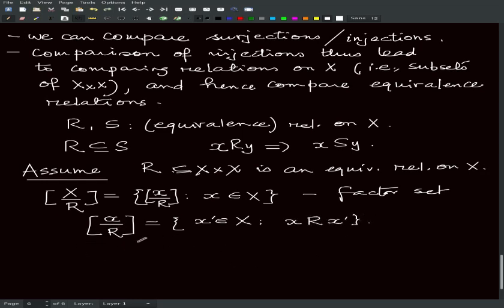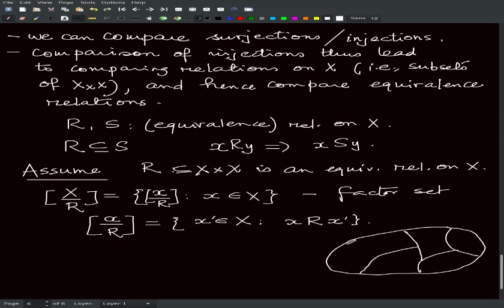So the picture is like this: the moment we have an equivalence relation, we have a partition like this. This is some X by R, here is some x, x prime.